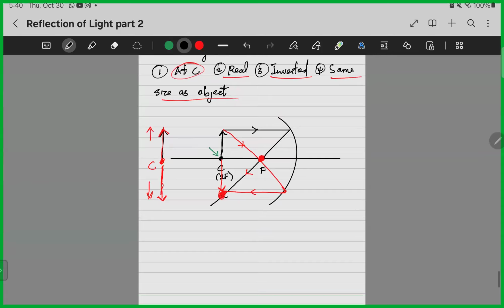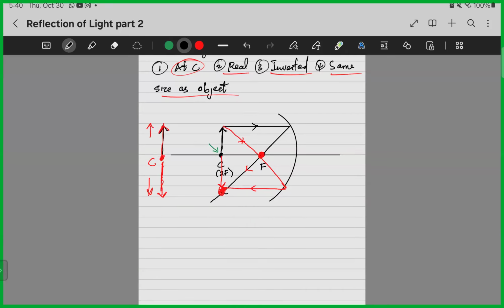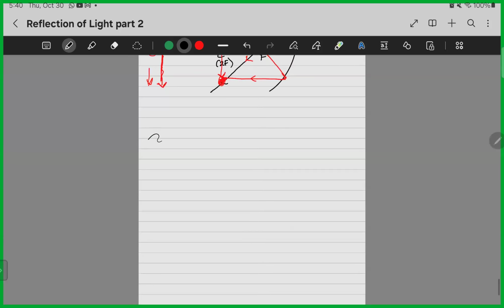Now the next point, number 4, is when you have an object between F and C. Are you with me? What happens?